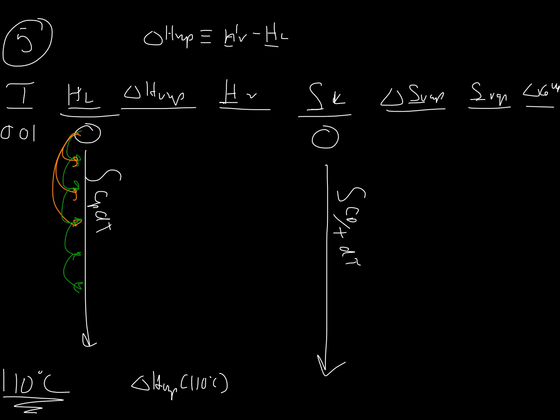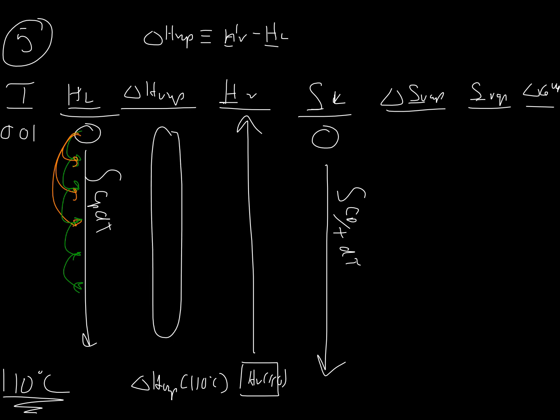But I don't know, everyone thinks it's easier just doing it this way. So from there, we should be able to calculate the H vapor at 110. Right? Any questions so far? Then we could just march our way back down. And then we can fill in this information by relating between those calculations.